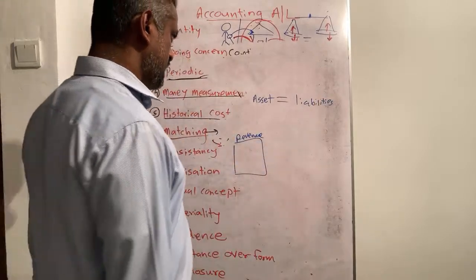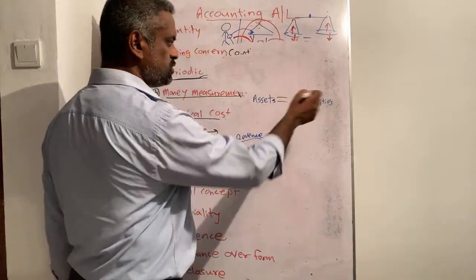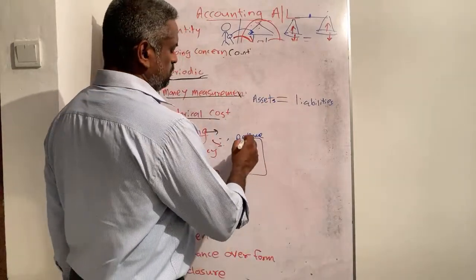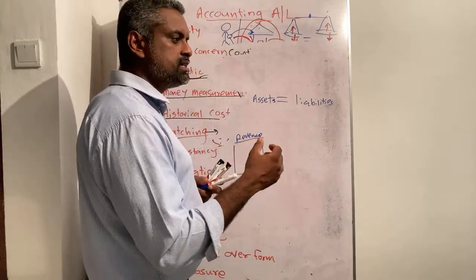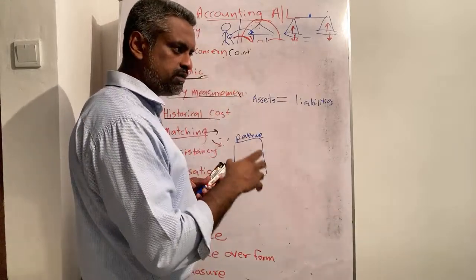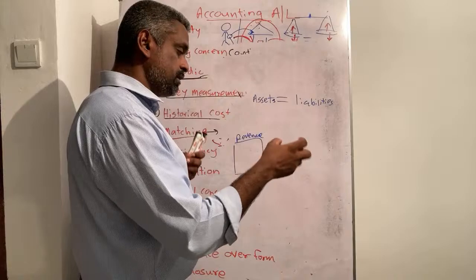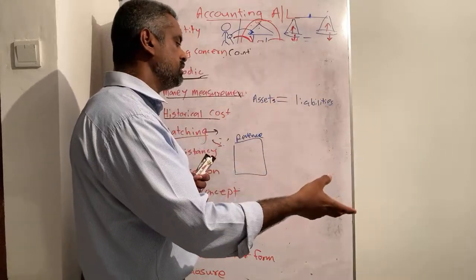Assets equal to liabilities, right? So when you generate some revenue, you are using whatever was invested by the owner or the entrepreneur, and you get that money and invest it in the business.